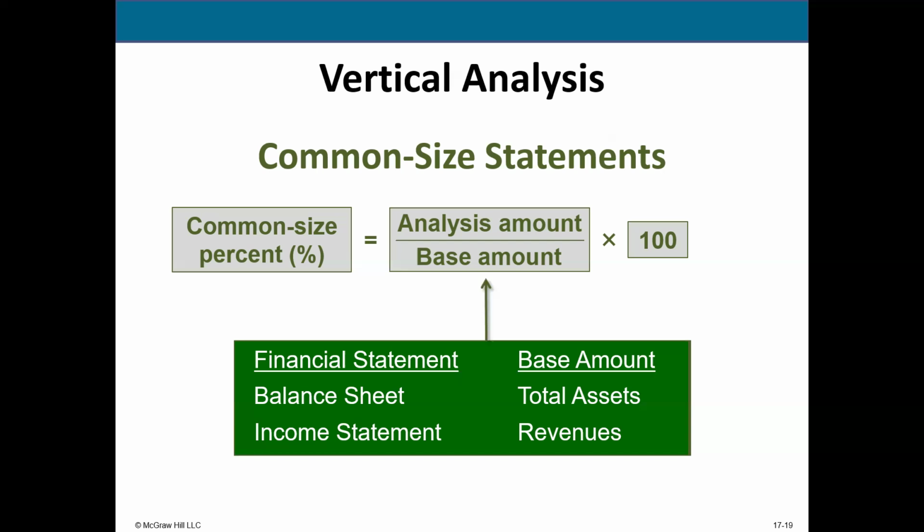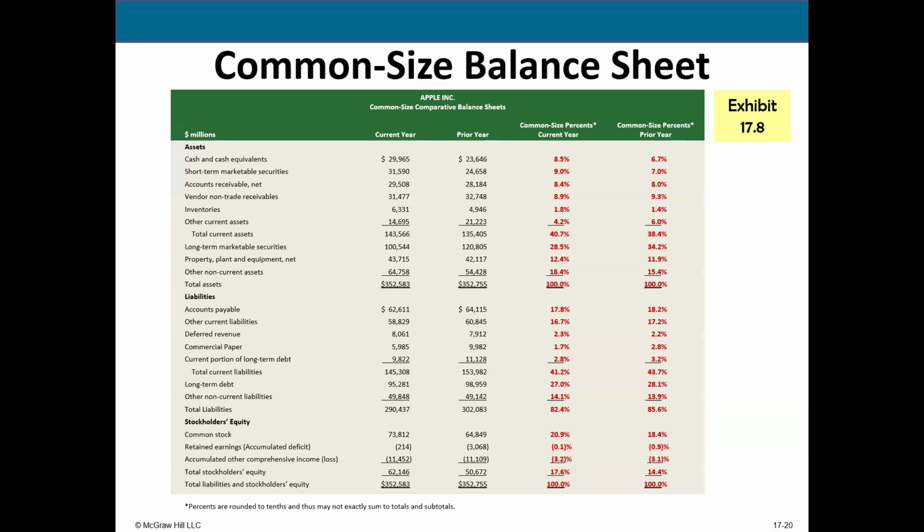So let's use Apple's information again, just like we did before. But now what we're doing is we're expressing everything as a percentage of total assets by looking at their balance sheet. So as you can see, for the current year and the prior year, total assets expressed as 100%. And the way that it works is we take the analysis amount and divide by total assets.